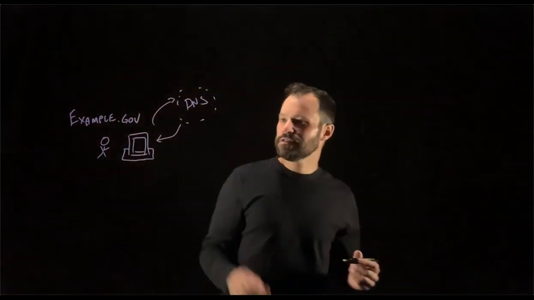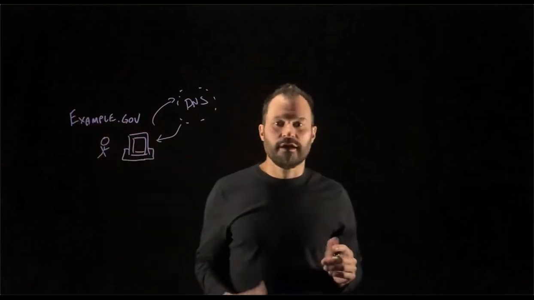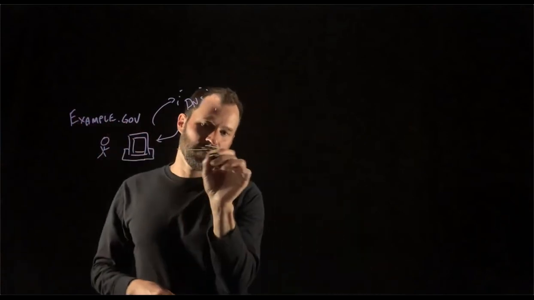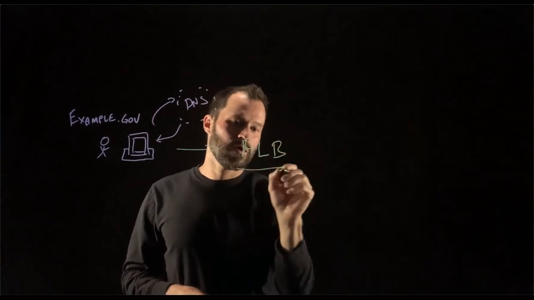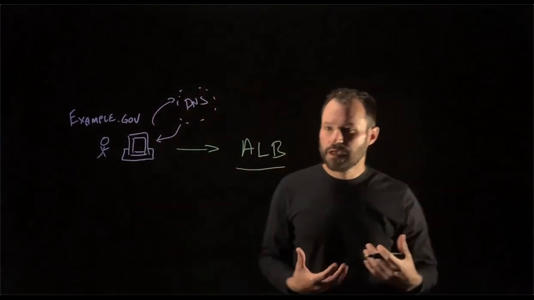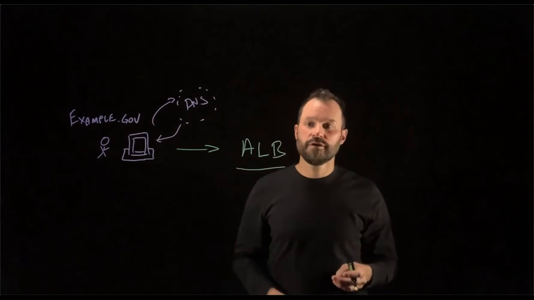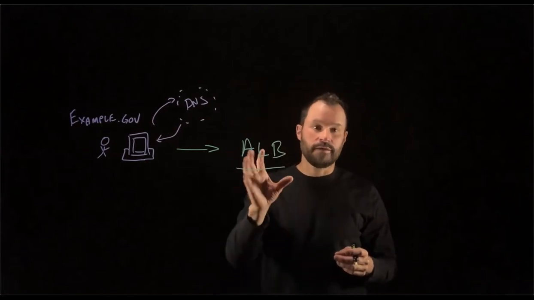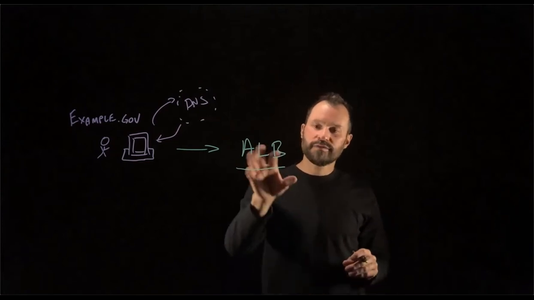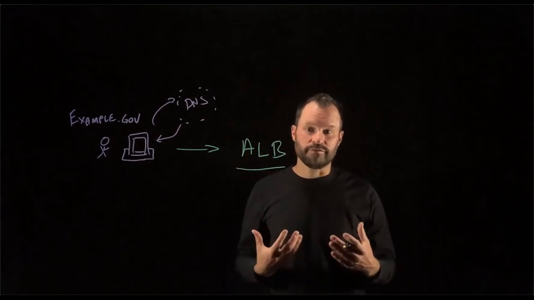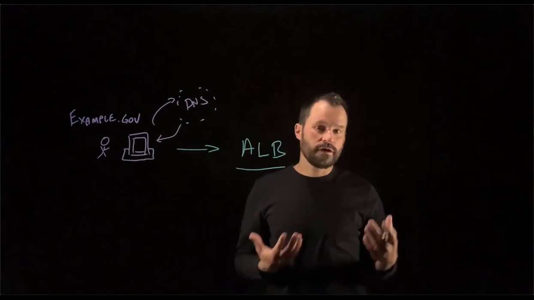So that DNS lookup is going to resolve the name, and that name then is going to point to an ALB, or Application Load Balancer. Now this is a load balancing component. You may have heard Amazon's previous versions of these called elastic load balancers. But this is a piece of infrastructure from Amazon that we configure and set up.